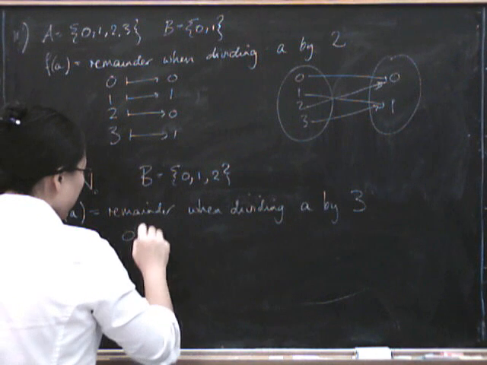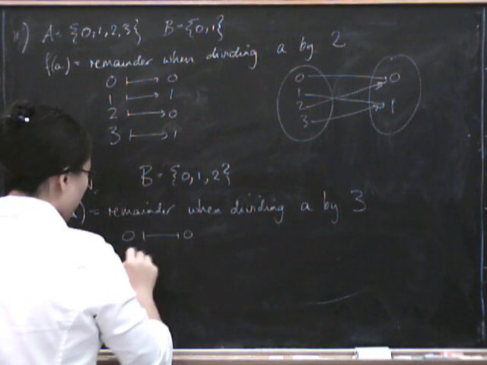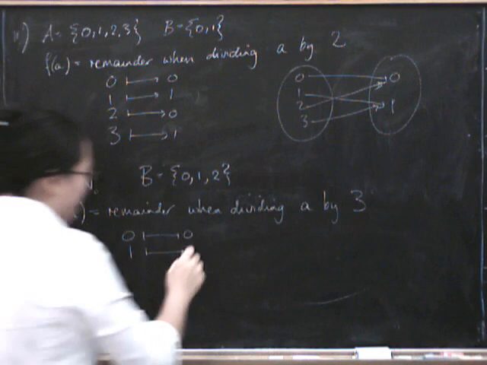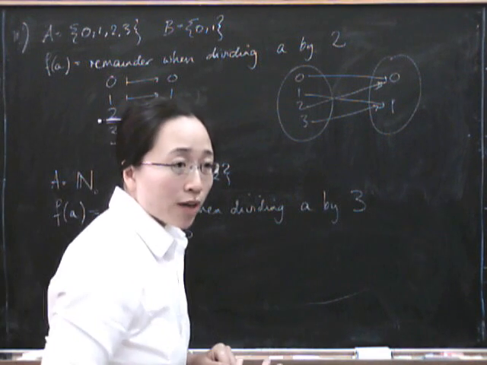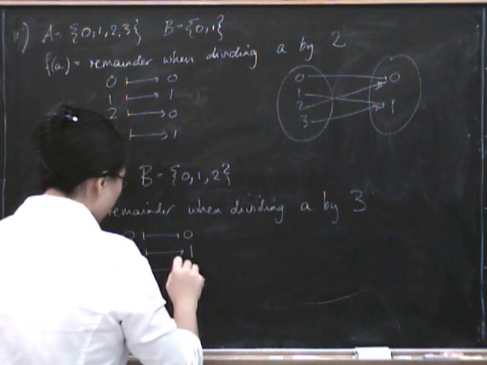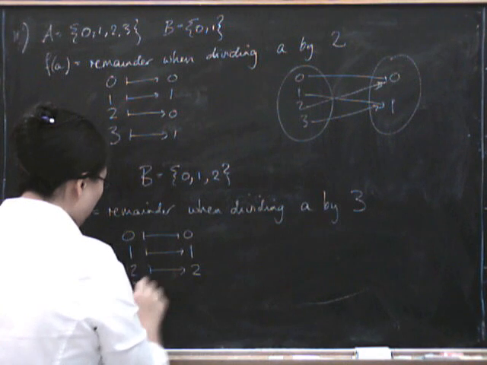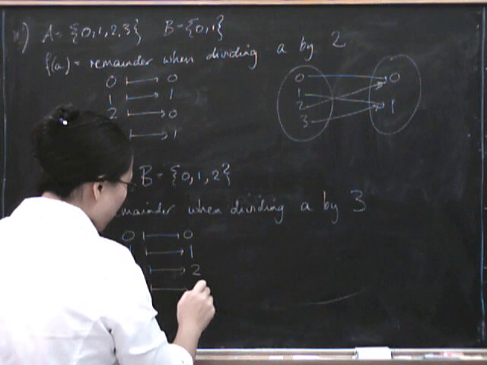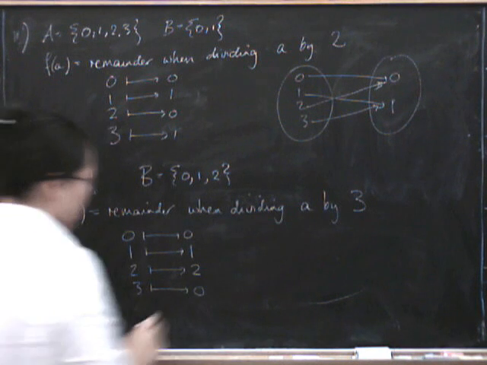So 0 will go to 0. 1, well, the remainder, if you try and divide 1 by 3, and you don't know how to do fractions, you'll get 1. 2 goes to 2. 3, however, will go to 0. Right.